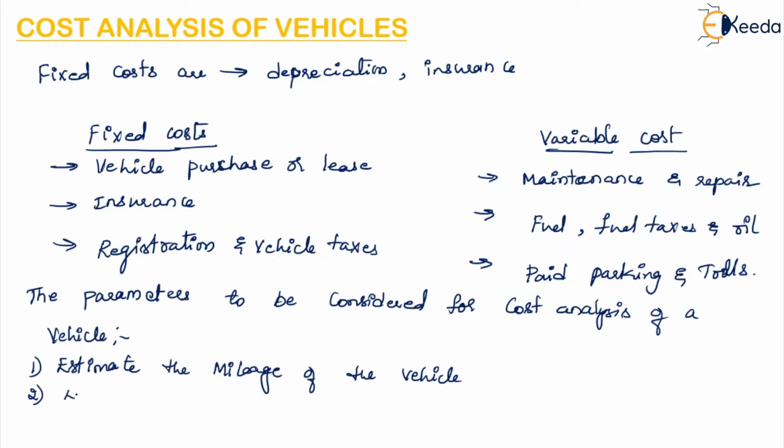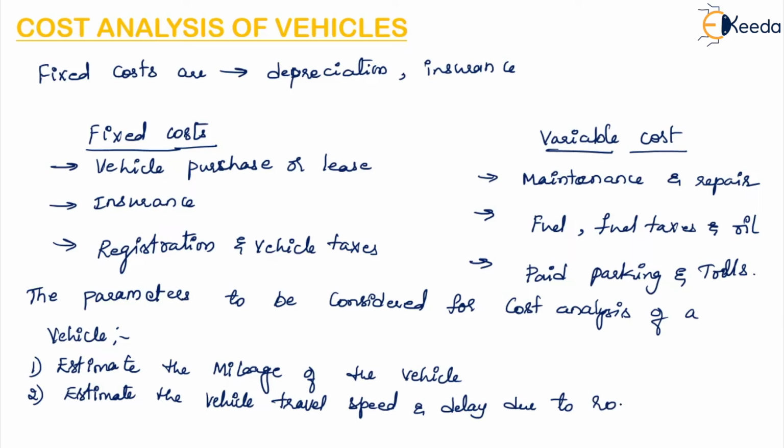Then the second parameter, we have to estimate the change in vehicle travel speed and delay due to road and traffic condition. So estimate the vehicle travel speed and delay due to road and traffic condition. Then the third parameter is estimate fuel consumption rate, fuel prices and non-fuel related operating cost.